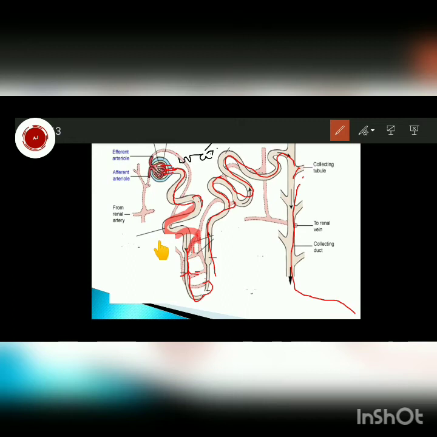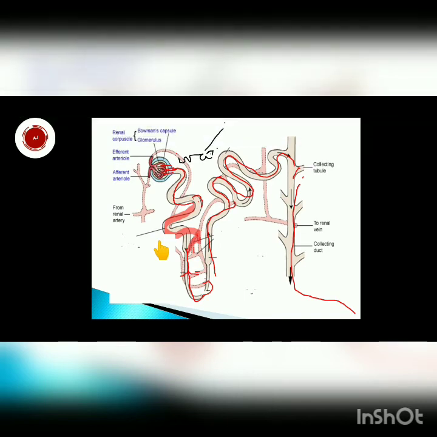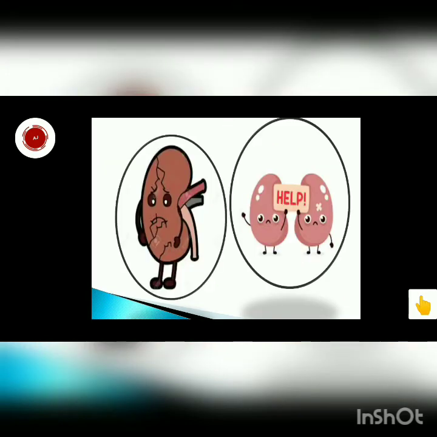And here in Bowman's capsule, through the glomerulus, you see the blood is getting filtered. Good. Okay, got it? So this is the normal way urine forms inside our body.